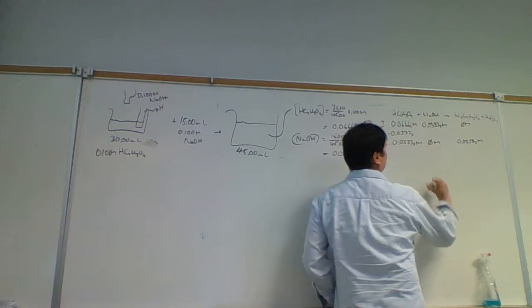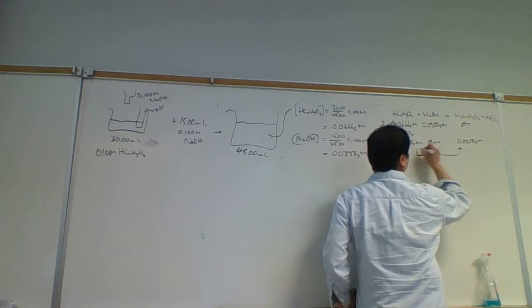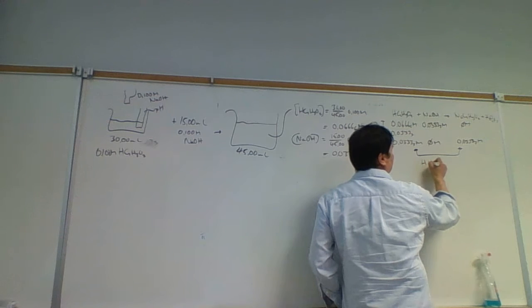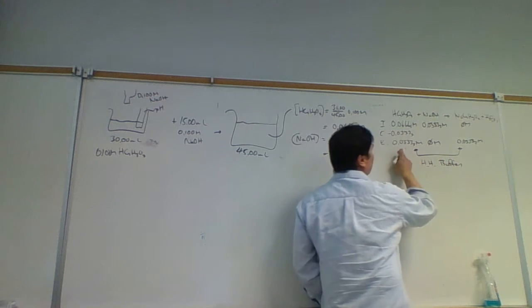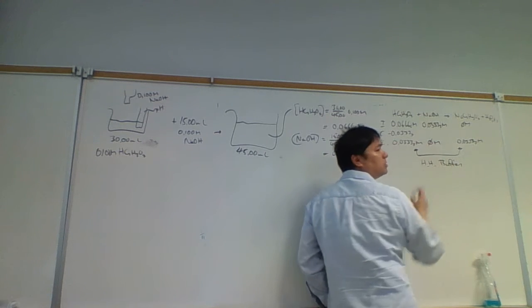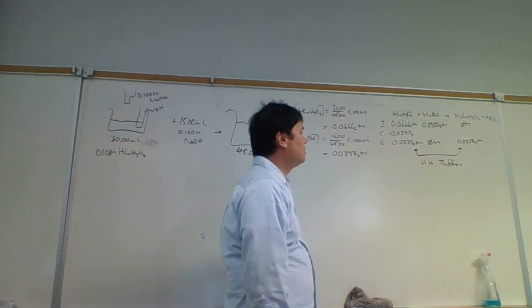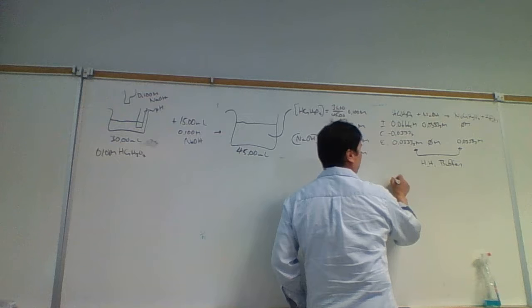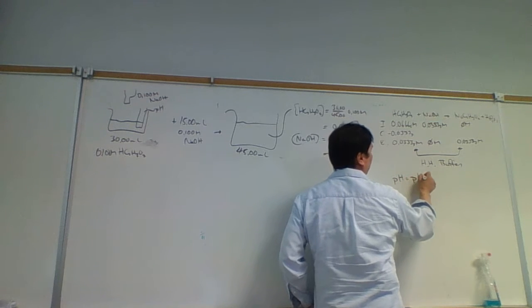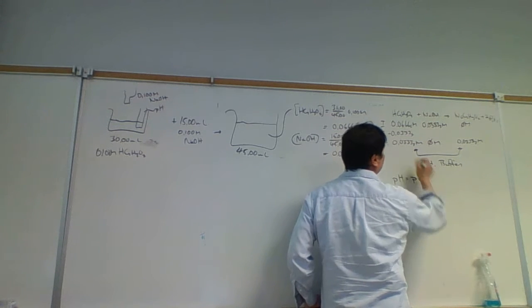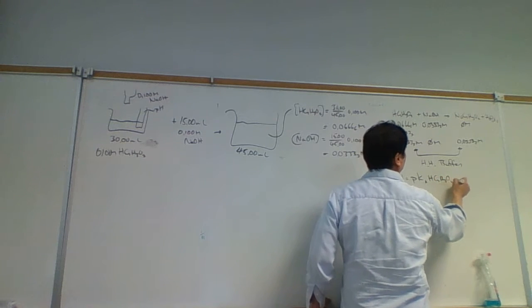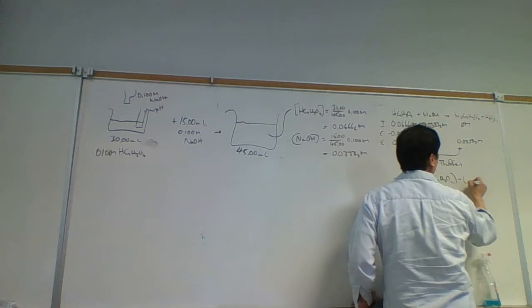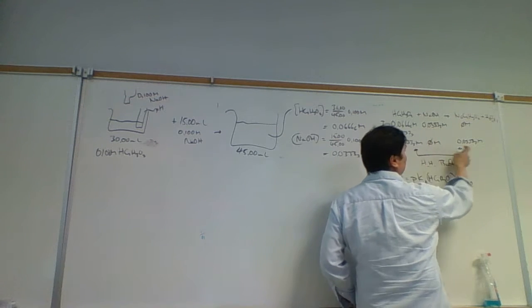And so here, this is what kind of buffer? This is an HH buffer, a Henderson-Hasselbalch buffer, because the weak acid and the weak base are conjugates of each other. And so if we have a Henderson-Hasselbalch buffer, then the pH is equal to the pKa of the acid. In this case, the acid is acetic acid, plus the log of the base to acid ratio.